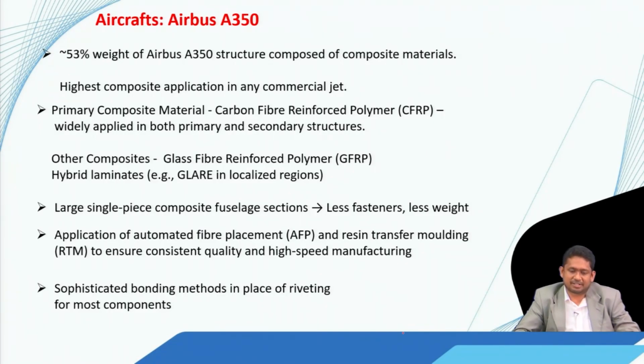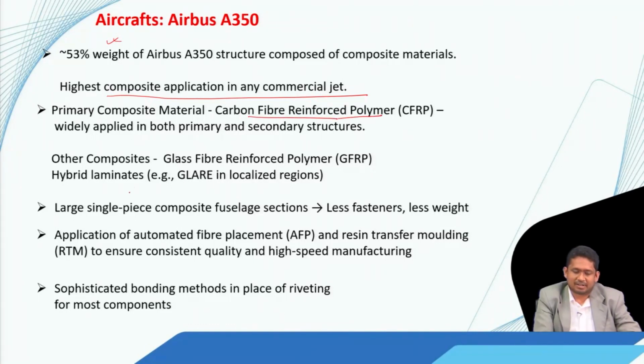The Airbus A350 is also a long haul aircraft, and it has around 53% weight of composites. That is the highest composite application in any commercial jet. The primary composite material is carbon fiber reinforced polymer, mainly used in primary and secondary structures.